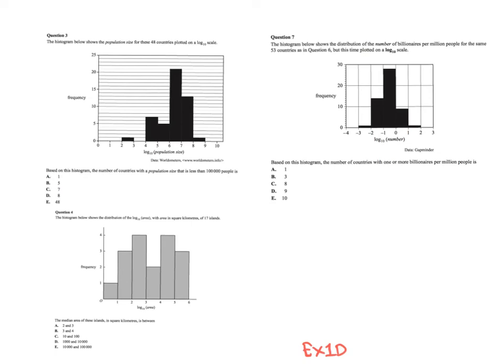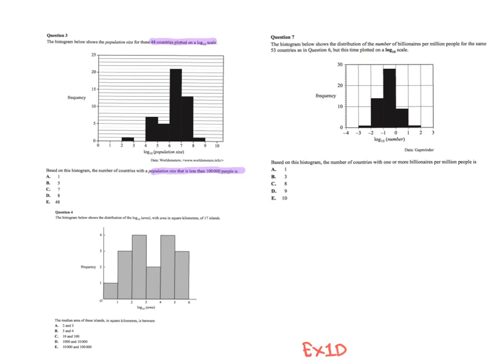A histogram below shows the population of 48 countries plotted on a log scale. Based on this histogram, find the number of countries with a population size less than 100,000. What is 100,000 as a power of 10?